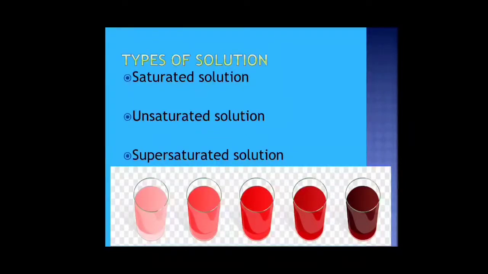So the solute will dissolve and take in the spaces of these molecules. So when you heat a saturated solution, more solute can be dissolved and such a solution is called a supersaturated solution. So three types of solutions here: unsaturated, saturated and supersaturated, based on the levels of saturation or level of solute present in the solution.